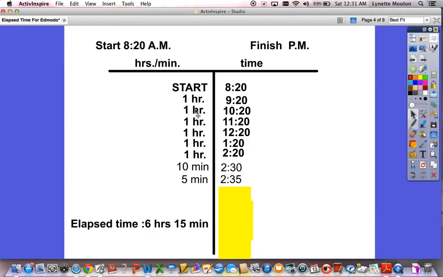Let's look at it. 1, 2, 3, 4, 5, 6 hours, and 10 and 5 makes 15 minutes. So our end time is 2:35. This is our end time, ladies and gentlemen.